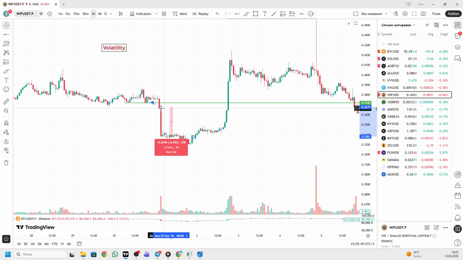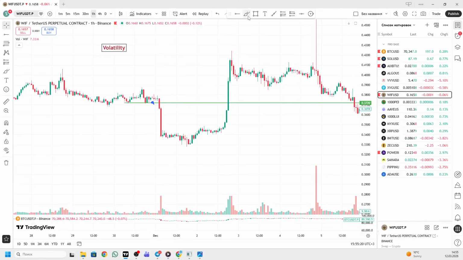Okay, so let's say you entered a long position here. Here you entered your position long, and you expect the price to go up so you can profit from the move. But when you see that volatility suddenly starts increasing against your position, in this situation, guys, the best decision is to close the position.